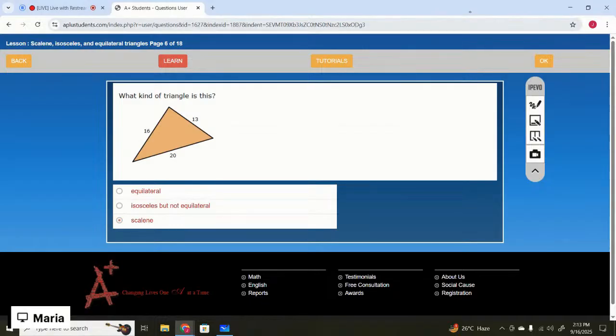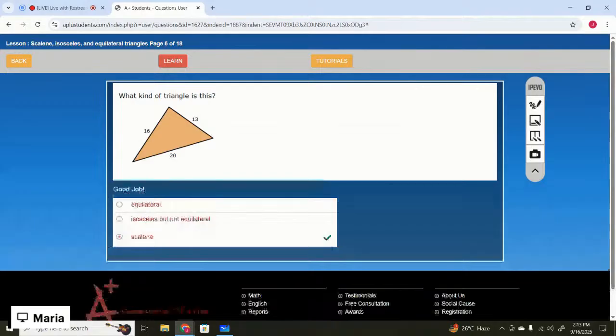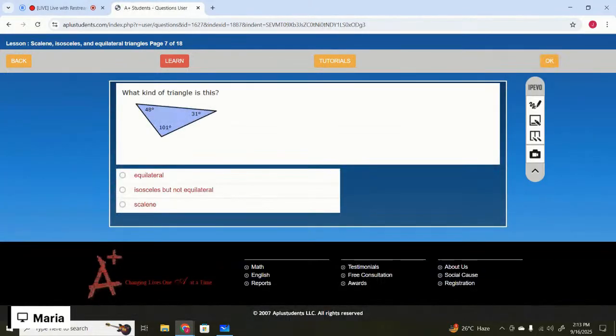Scalene triangle because all the side lengths are different, so scalene triangle it is. What kind of triangle is this? Equilateral, isosceles, scalene. So which is the correct option?